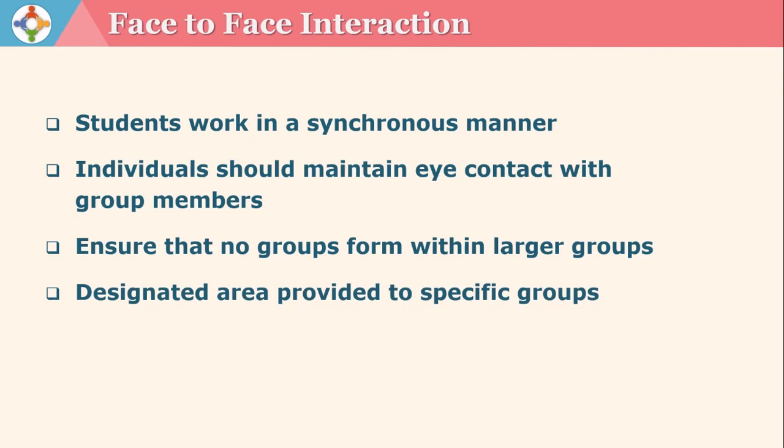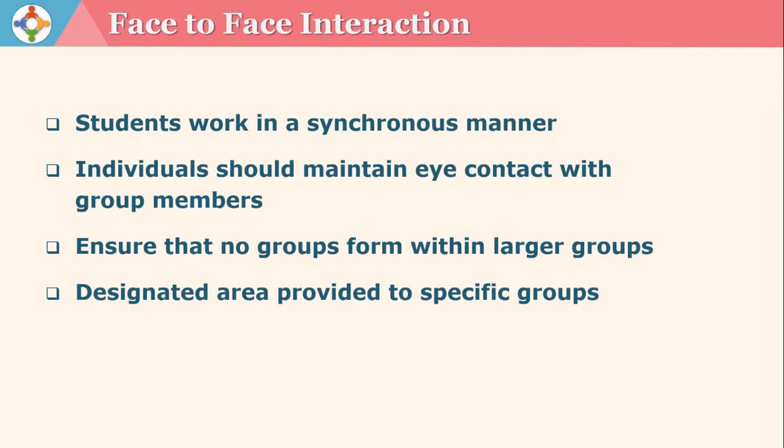It means students work in a synchronous manner. Individuals maintain contact with group members, and while talking they have to make eye contact, so that there is a healthy face-to-face interaction.